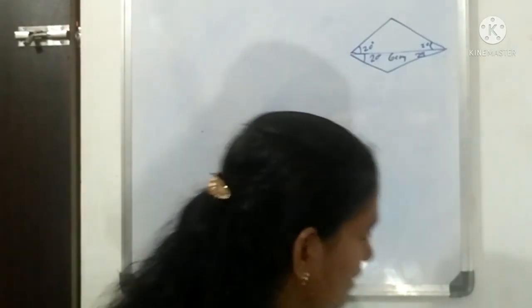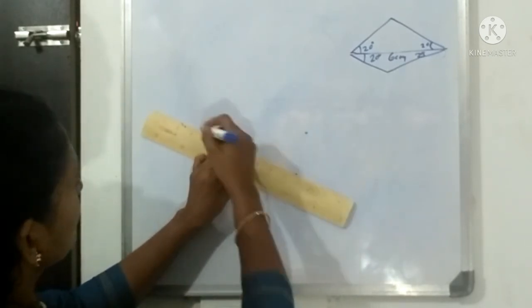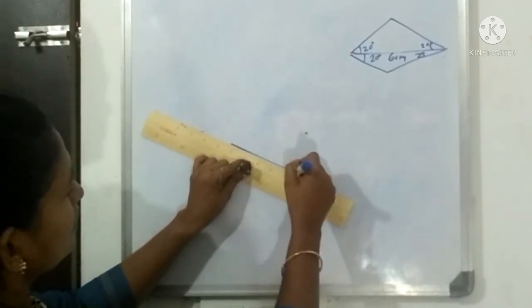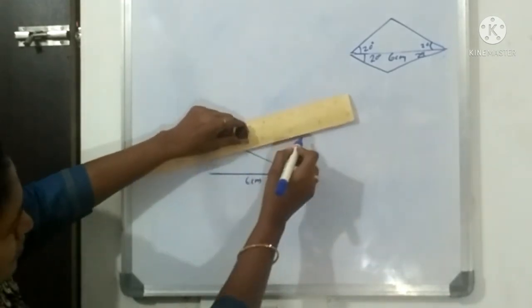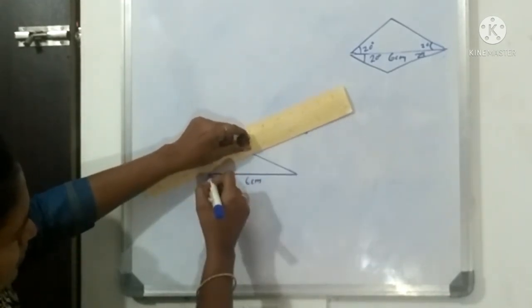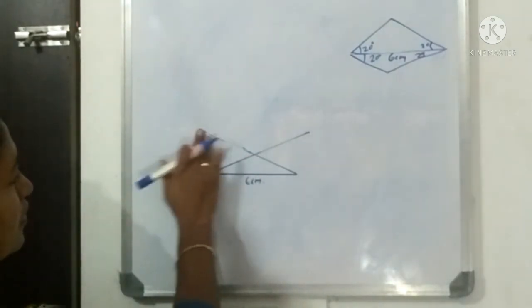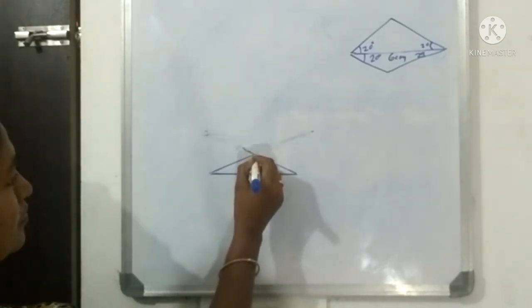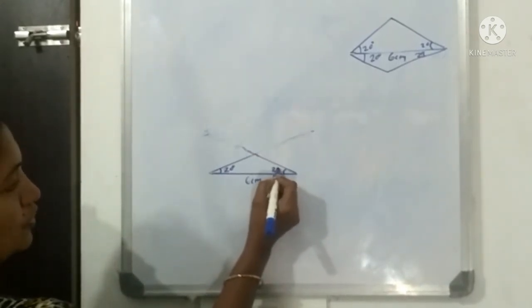Okay. Then join these lines. This is 20 degrees. This is also 20 degrees.